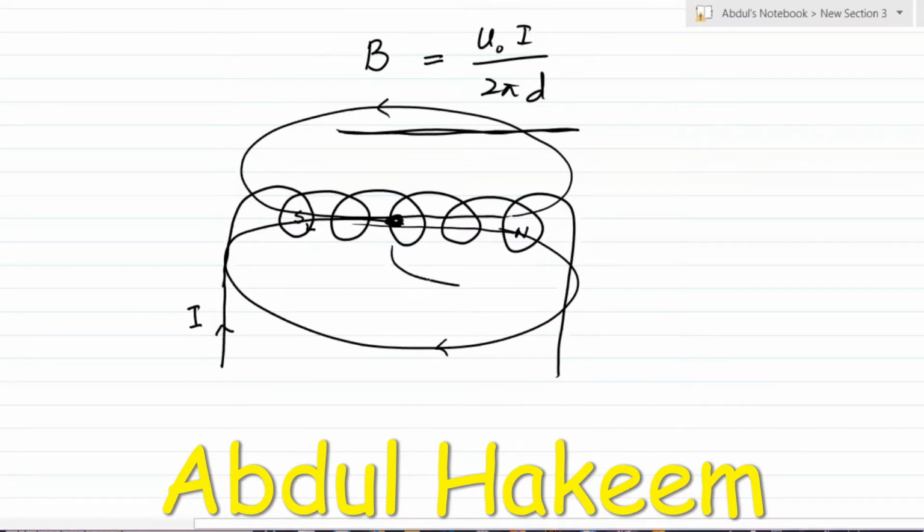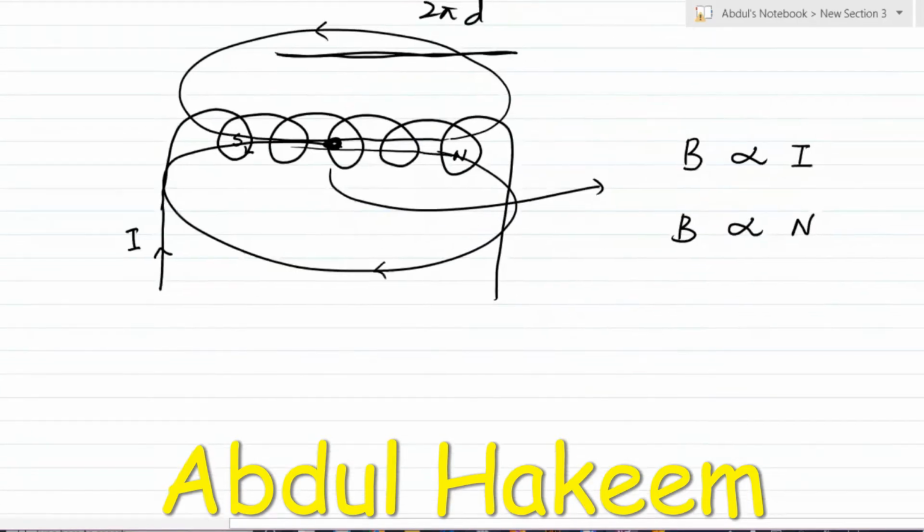So at this point, the magnetic field strength depends on current. Number two, it depends on the number of turns of the coil. And number three, it depends on the length of the coil, this effective length from one end to the other end.